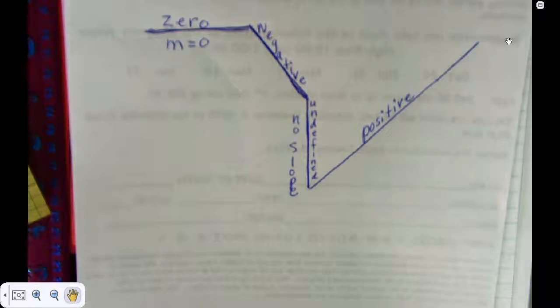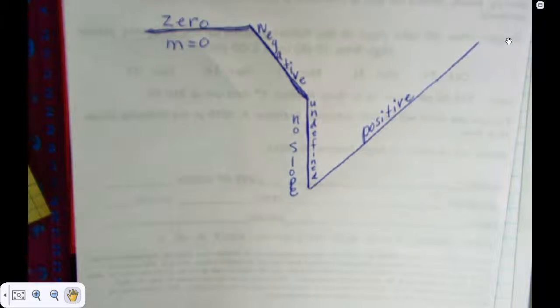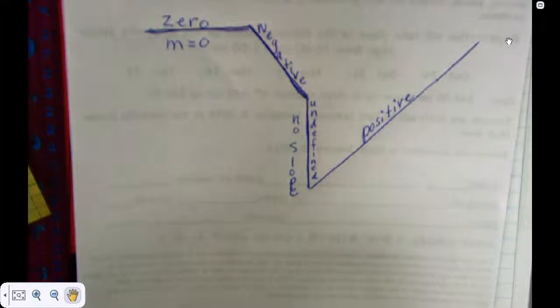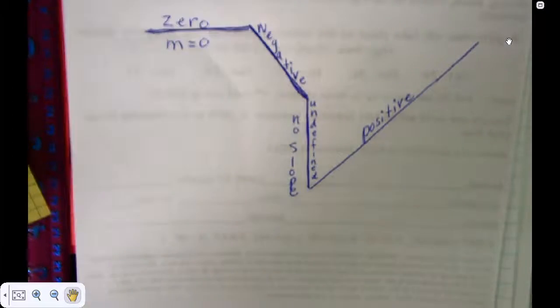Well, I don't know. They just use M for slope. They picked a letter that wasn't used for other things and used M for slope. That's all I know. I've never heard that story, and if I find out why, I'll let you know.